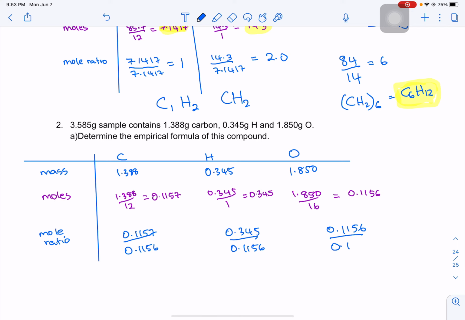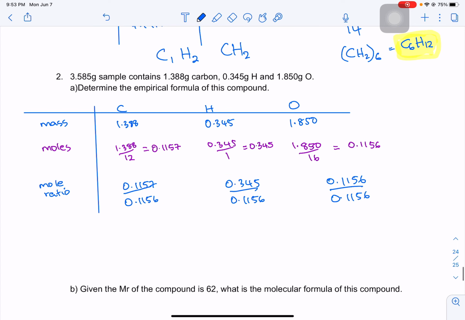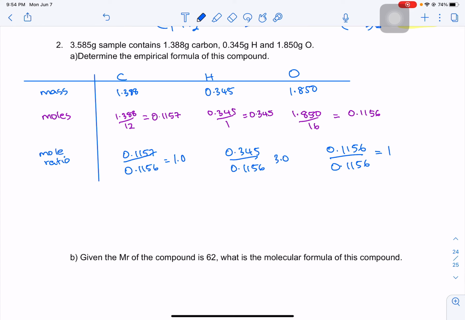When we calculate, we find that this one is 1.000 with many zeros, and this one is 1. For this one my math is not good, so I put it in the calculator and the answer is 3.0. So our ratio is 1 to 3 to 1, and our answer is CH3O. This is the empirical formula for our compound.